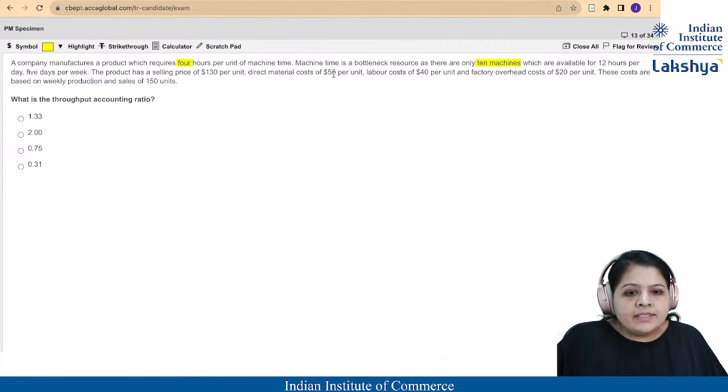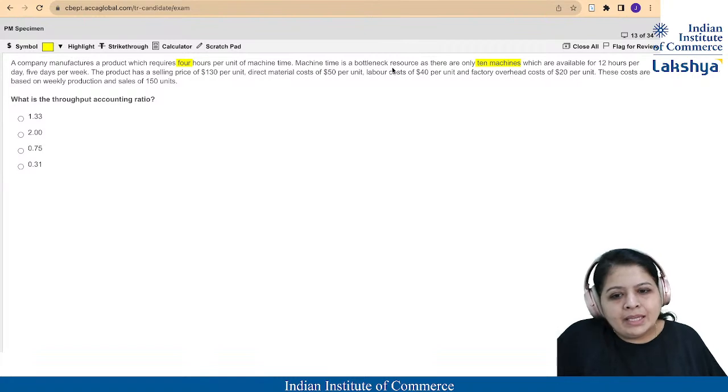The product has a selling price of 130, direct material is 50, labor cost is 40, factory overhead is 20, and these costs are based on the weekly production of 150 units. What is the throughput accounting ratio, TPAR?